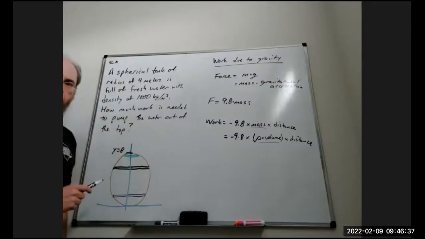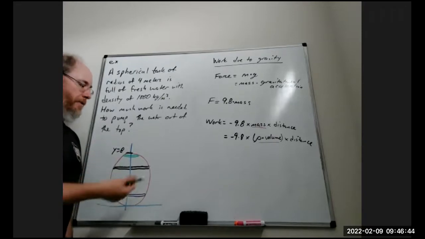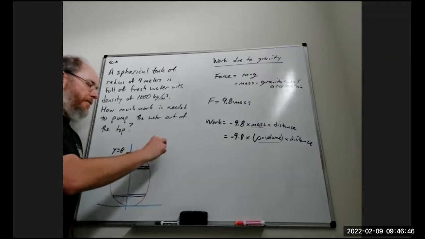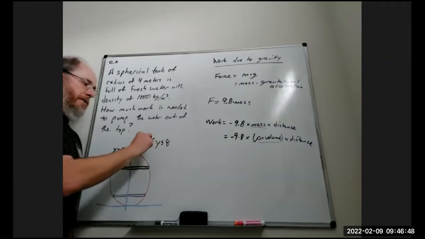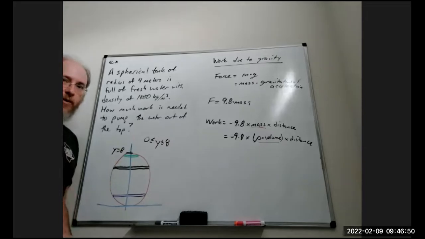Yep, beautiful. It's 8. Because remember, our radius was 4 meters. So that means the total diameter is 8 meters. So when I set this thing up, my y's are going to go from 0 to 8.